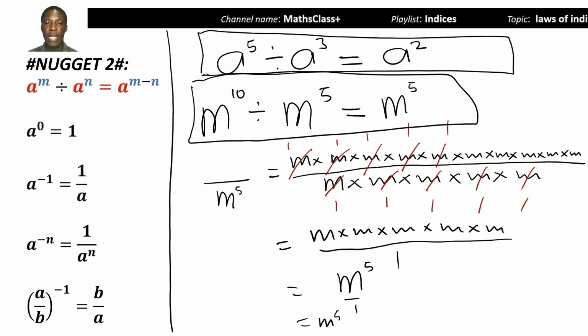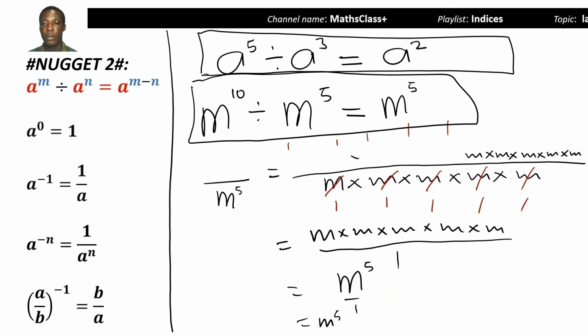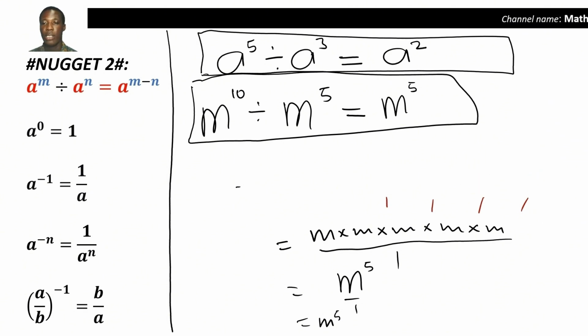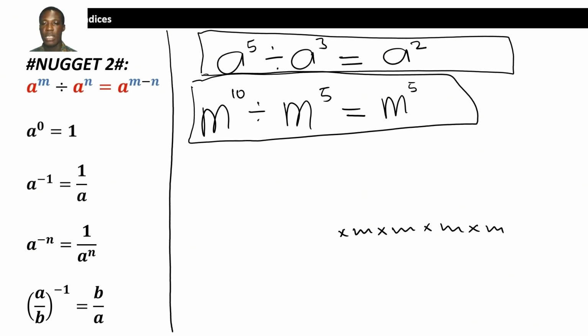So what is happening here? Give me your observation. It's just unfortunate that I can't hear you, but I believe you observed that the exponent of the divisor is subtracted from the exponent of the dividend.